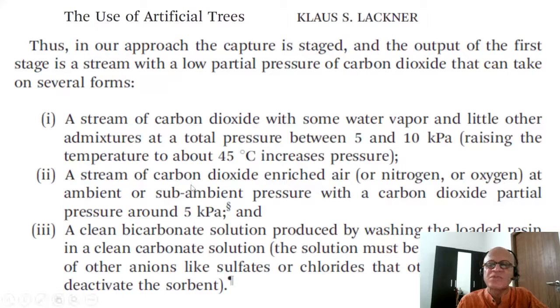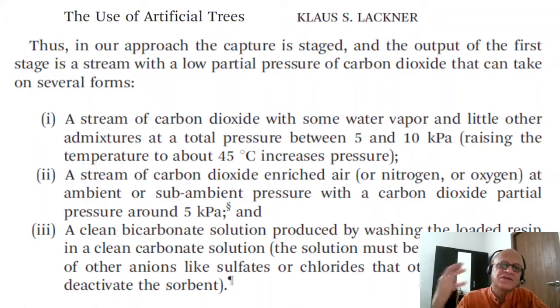A stream of carbon dioxide enriched air or nitrogen or oxygen at ambient or subambient pressure with a carbon dioxide partial pressure of around 5 kilopascal, and clean bicarbonate solution produced by washing the loaded resin in a clean carbonate solution. The solution must be substantially free of other anions like sulfates or chlorides that otherwise would deactivate the sorbent.